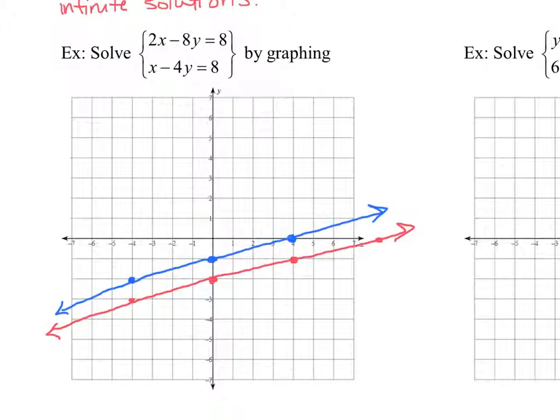Now it would have been a little bit easier to see that those are never going to cross if I had the 8 on the axis and the lines were perfectly straight. But you could check the slopes of these lines and they would be the same, showing that they're parallel. So these lines will never cross, they're parallel, and we would write that there is no solution.